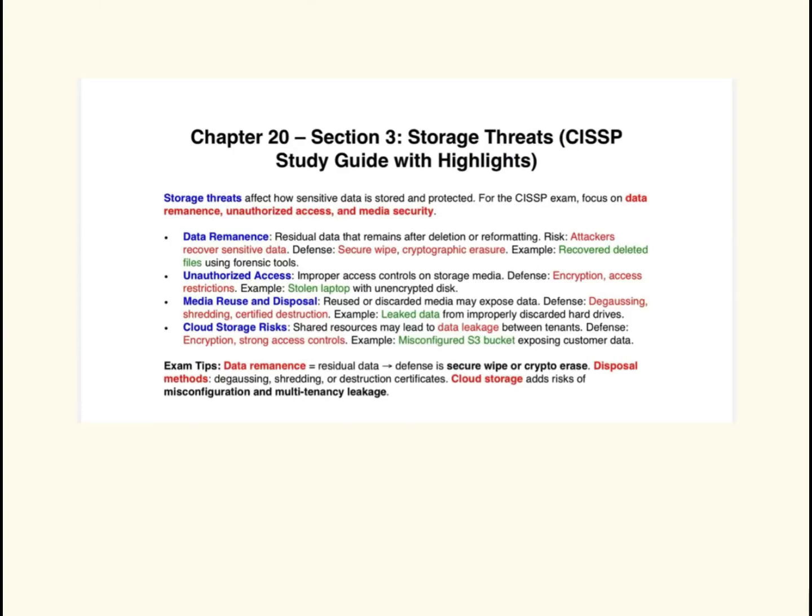In this session, we will discuss a few more important terms which are really important for the CISSP exam. Storage threats, which fall under CISSP Domain 8, Software Development Security, and partly Domain 3, Security Architecture and Engineering.